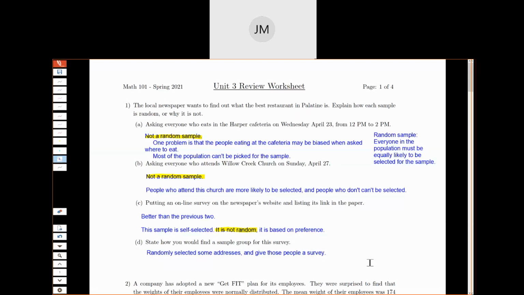Okay, so that's one way to do it, and there are others, and I'm sure some of you are thinking of others. Now, one of the things is when we get to real life, it's very difficult to do things perfectly, right? To say everyone has exactly the same chance of being selected. And it's also really difficult to not have any issue with self-selection, because no matter what, even if you hand somebody a survey, they might choose not to fill it out, right? And you could say, well, isn't that self-selection? And that's getting into topics that we don't have time to really delve into in this class.